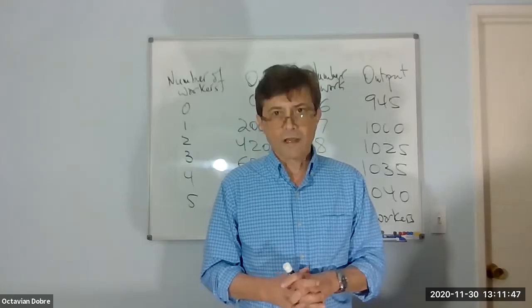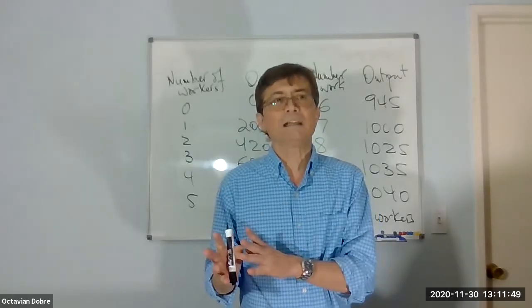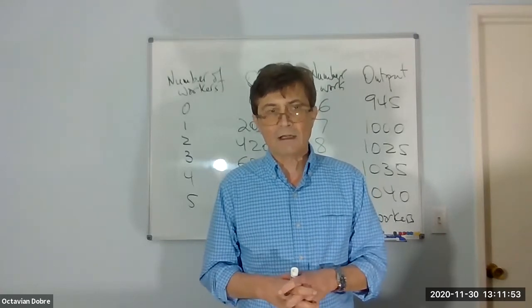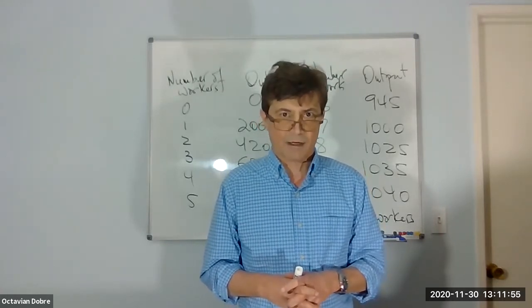Where marginal factor cost meets the marginal revenue product. Okay, very good. So that's what you need. You need the marginal factor cost to be equal to marginal revenue product.